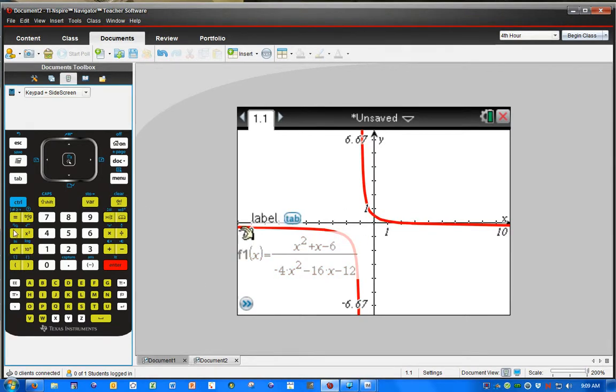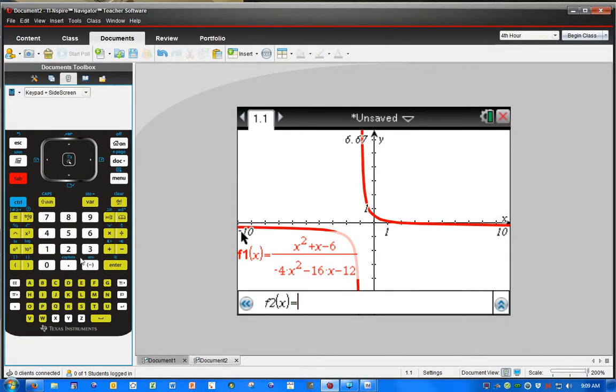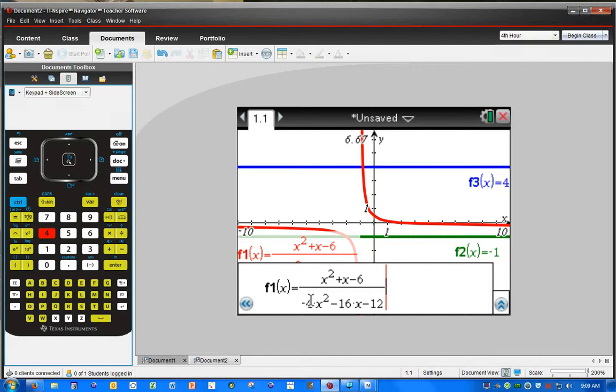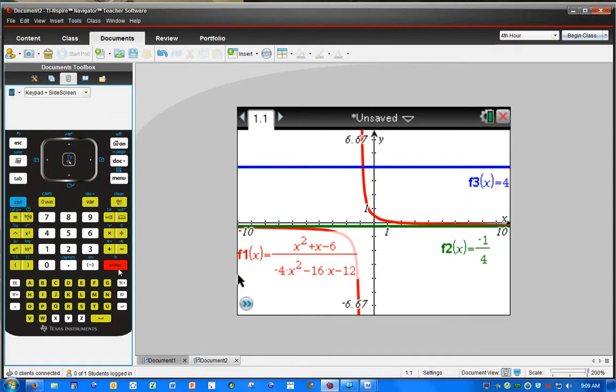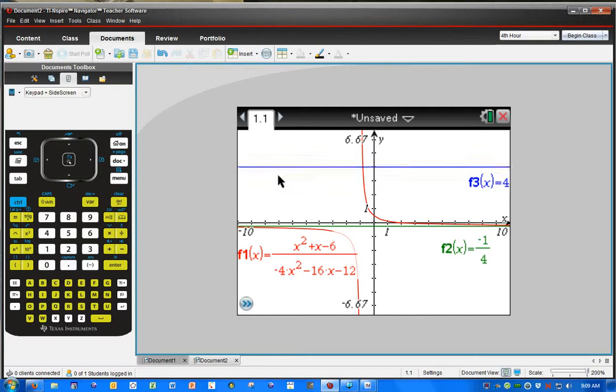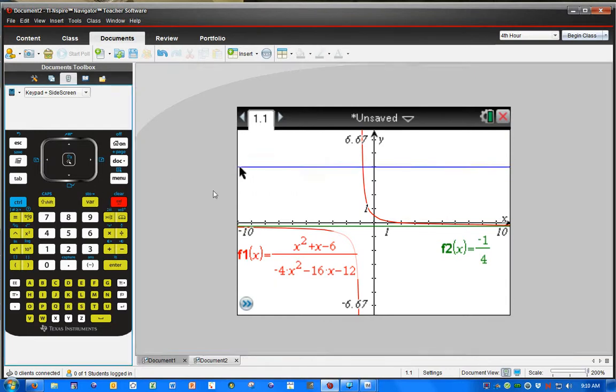I hit tab, and I want negative 1 over 4. Always fun. Alright, get rid of that.